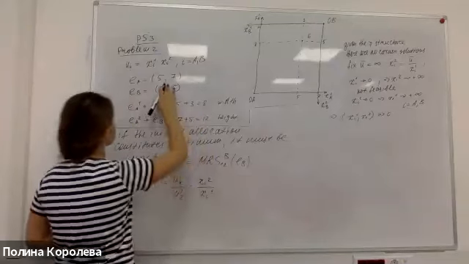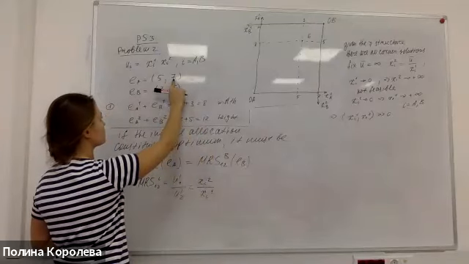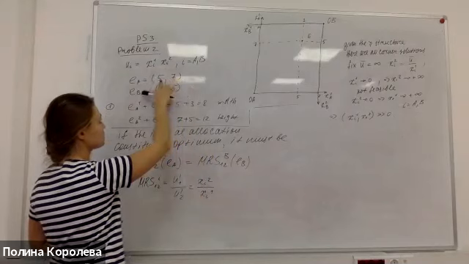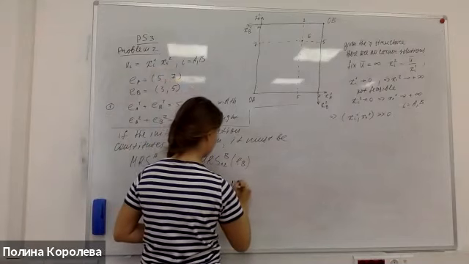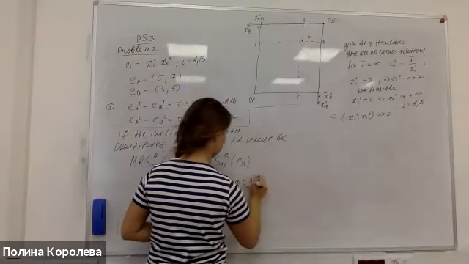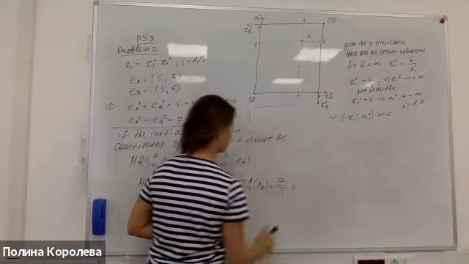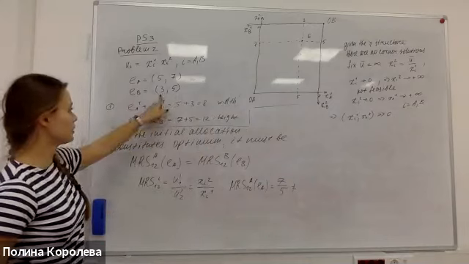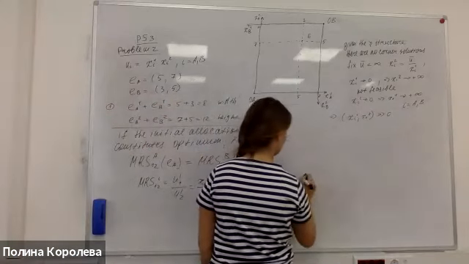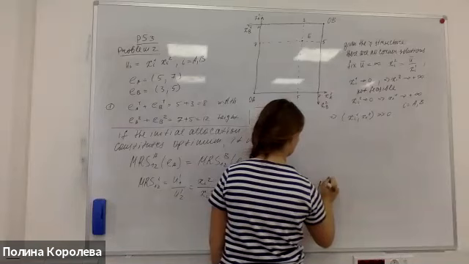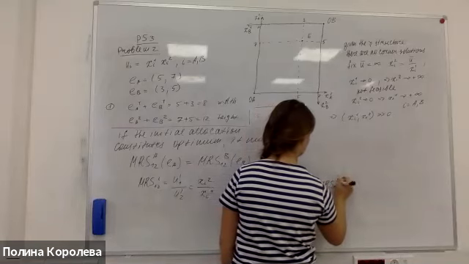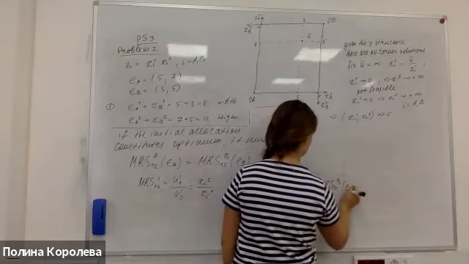So the second good at the endowment point is 7, divided by 5 for A. And you see that it is not equal to 5 divided by 3, which is the marginal rate of substitution for individual B at the endowment point.